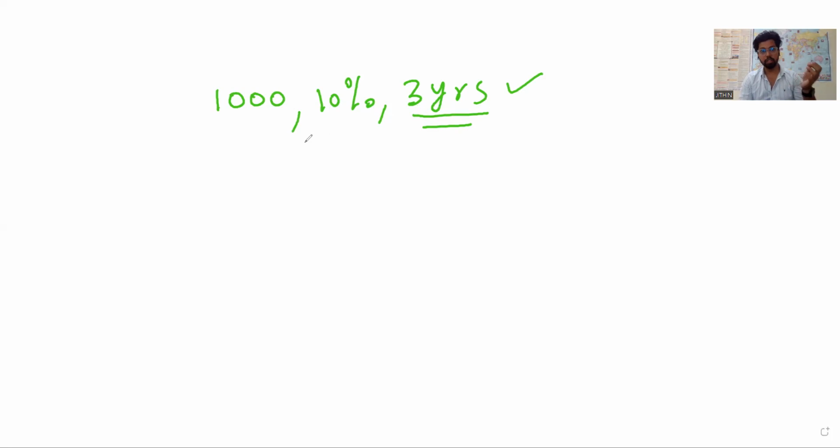Suppose the question is 1,000 rupees, 10 percentage compound interest for 3 years. 1,000 rupees is the principal amount and rate of interest is 10 percentage. And we need to find the compound interest for 3 years. So let's see what is 10 percentage of 1,000. In the earlier case, it is for 2 years, so we wrote 10 percentage of 1,000 two times.